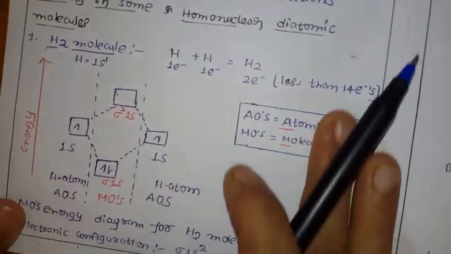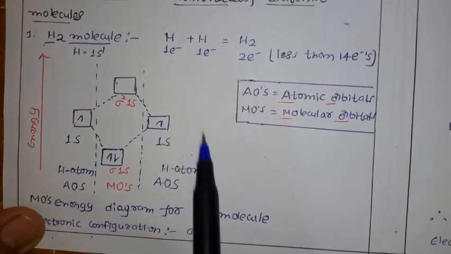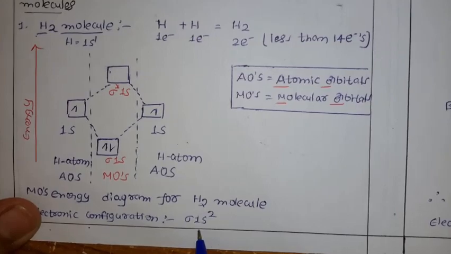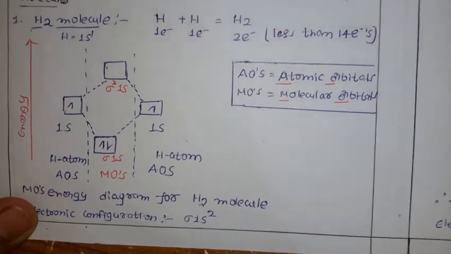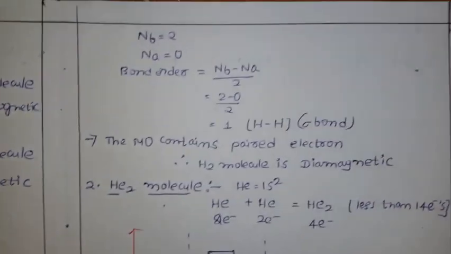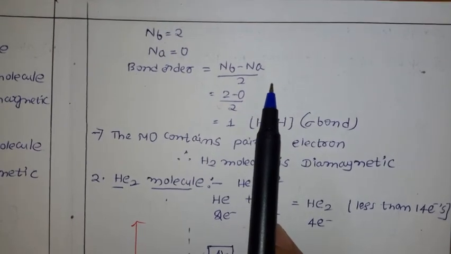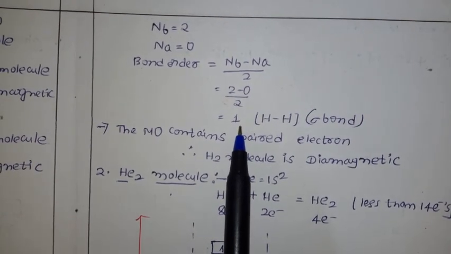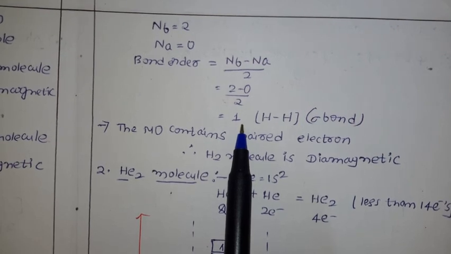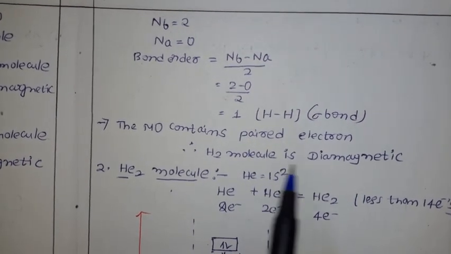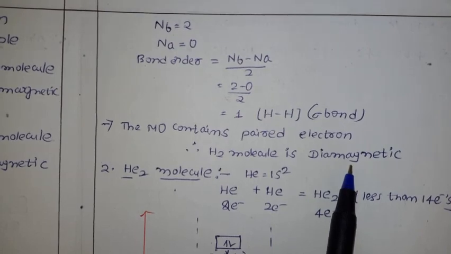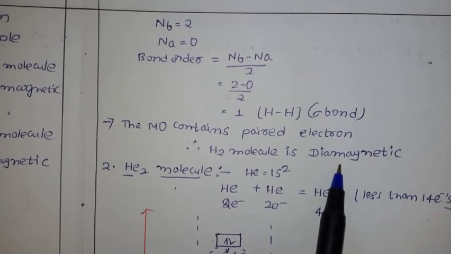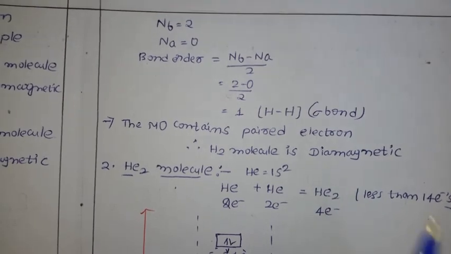So here we discussed how to fill the electrons in the molecular orbital energy diagram and how to write the electronic configuration, and after that we calculated the bond order. Based on the bond order, we have only one bond between the two hydrogen atoms, and the molecule is diamagnetic because in the bonding molecular orbital we have paired electrons.